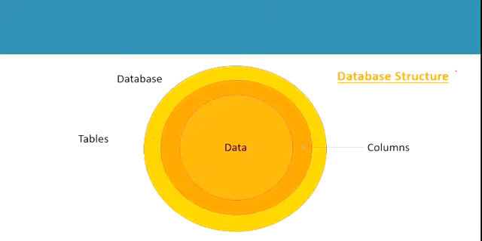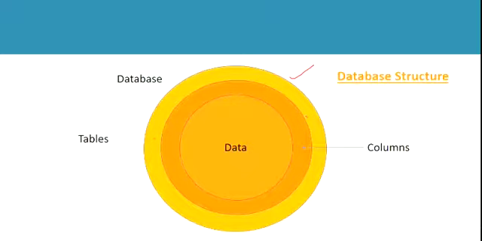Now if I talk about the database structure, we are talking about the backend, or database, but if you don't know the database structure, then you are not able to attack. So we need to understand the general structure of a database, right? You can see this complete shell is called a database. Inside the database we have tables.